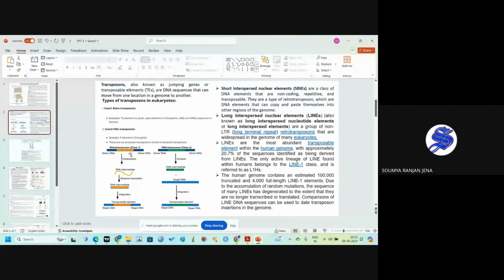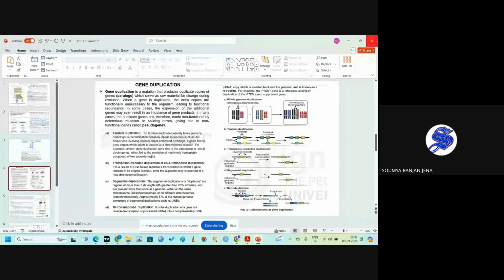The donor DNA having the LINE sequences is transcribed into an RNA intermediate, and this RNA intermediate is converted by the enzyme reverse transcriptase to DNA, and this DNA is integrated into the target DNA. This is called retrotransposon.